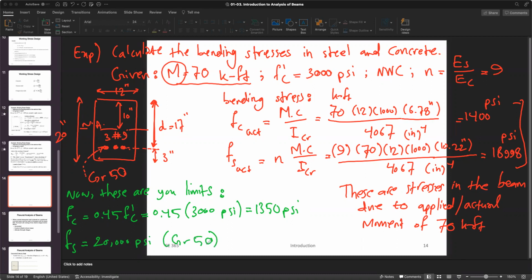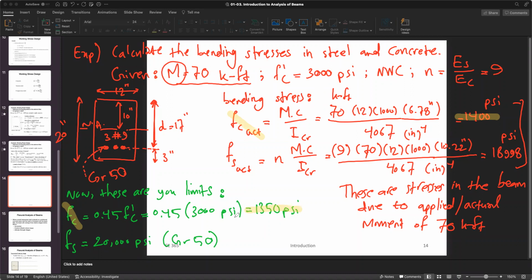Okay. So now let's compare. I'm going to use a highlighter to show you a better comparison here. If we compare actual fc with limit fc, you have actually gone to 1,400 psi, on which you couldn't go further than 1,350.